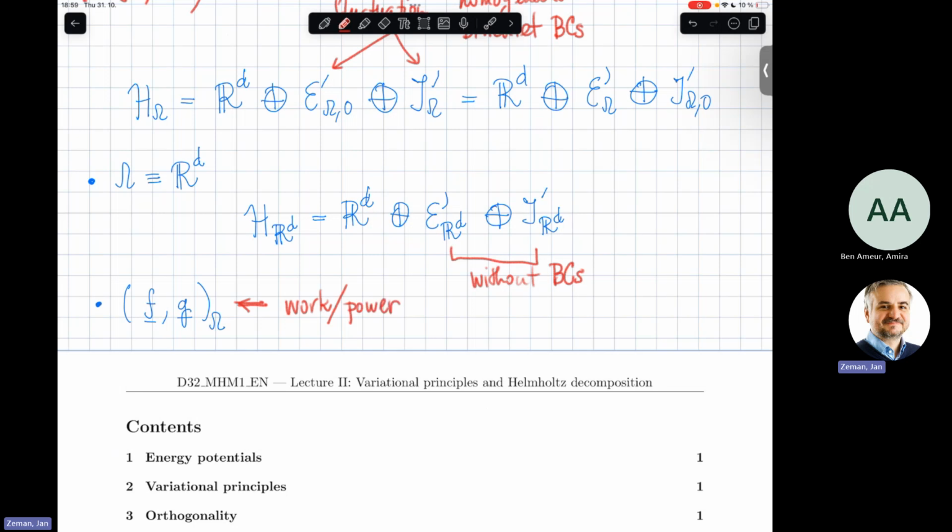And if one of these fields is not the one which happens in the real body, but some test values, in mechanics, but perhaps also in heat transfer, this is also associated with virtual work.